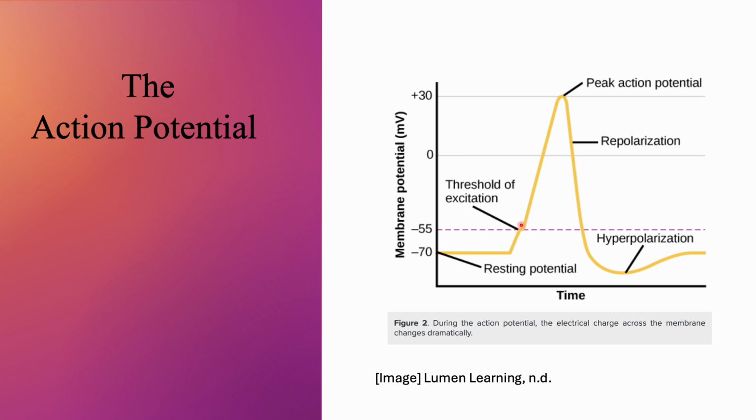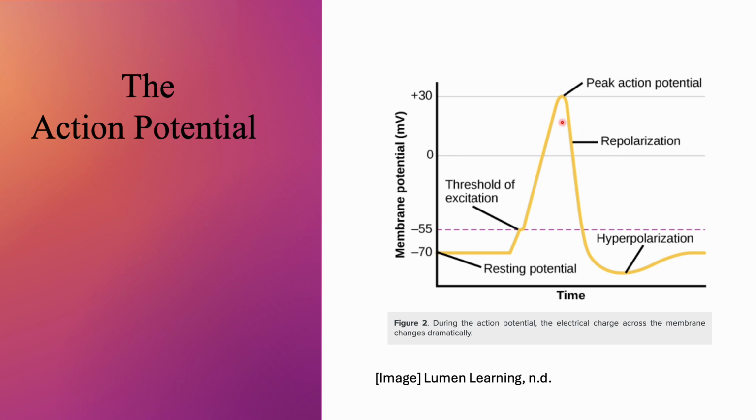This is what is called the threshold of excitation. So again, you notice it's becoming less negative. So many additional pores will open, causing a massive influx of sodium ions, and a huge positive spike in the membrane potential occurs, and you'll reach this peak action potential, and the membrane is definitely positive at this point.